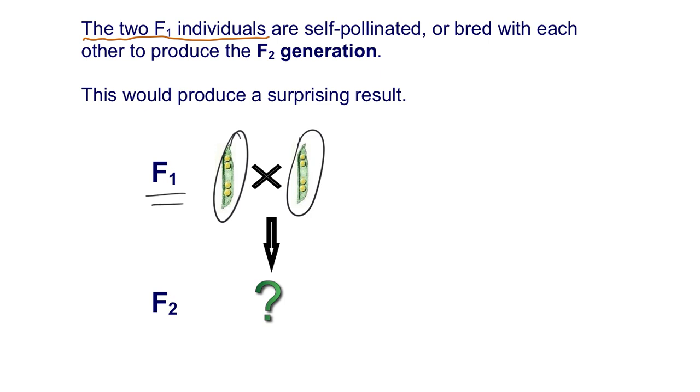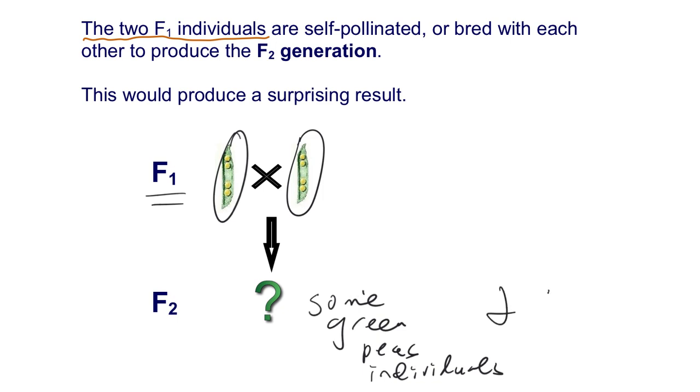So he took two of the yellow seed children. All the children were yellow seeded. And he got, we're going to find out, some green pea individuals and some yellow pea individuals in the next generation, the F2 generation.